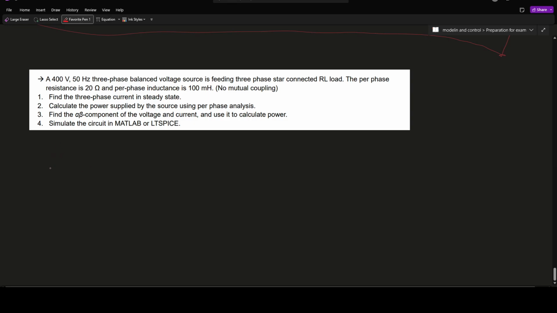For a star configuration, the voltage in the phase is going to be the line to line voltage over the square root of 3. In this case, we always assume that they give us RMS line to line. So we have 400 over square root 3, and this is 231 volts.